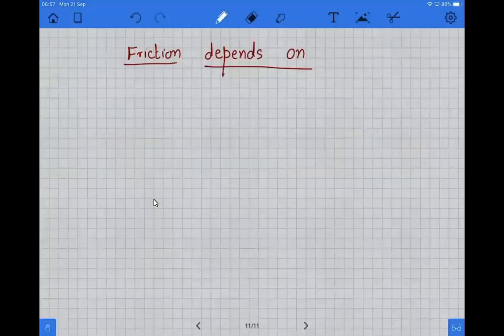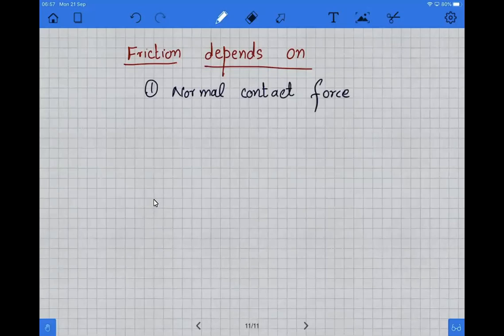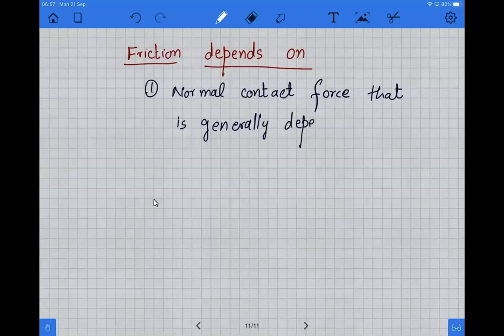The first factor on which friction depends is the normal contact force, that is generally dependent on the weight. That's why the objects with heavy weight are difficult to move. They will have a high value of normal contact force and hence a higher value of friction.